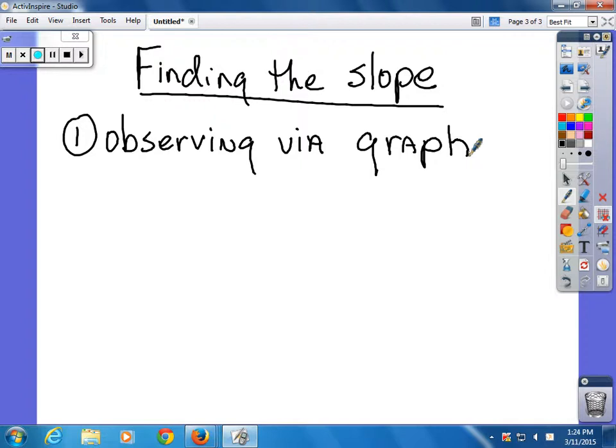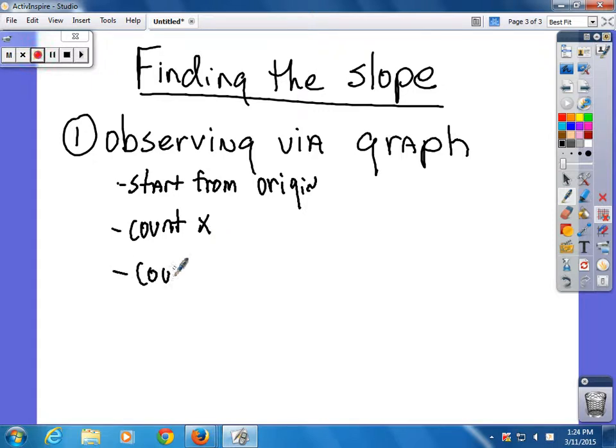Basically, you start from the origin. Count x, you count y, and then put x and then y over x, and that's how you find your slope.